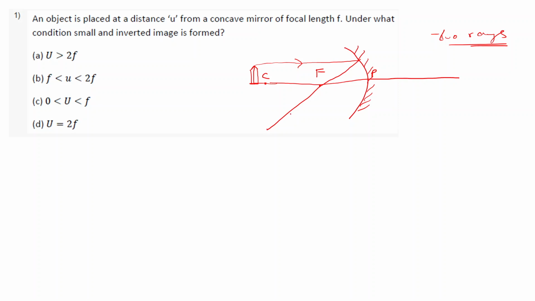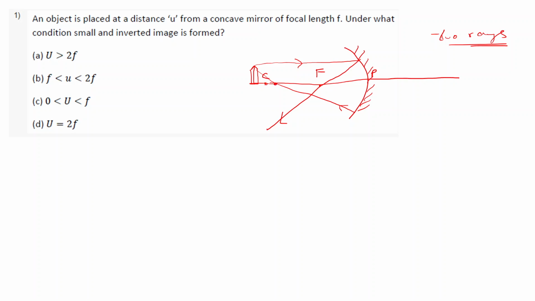It will be a straight line, of course, it will pass through the focus. Another line we'll consider to be passing through the center of curvature. This diagram is not going well, otherwise I could show. If any light goes through the center of curvature, it will come back along the same path, right?